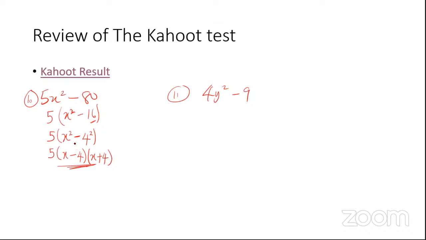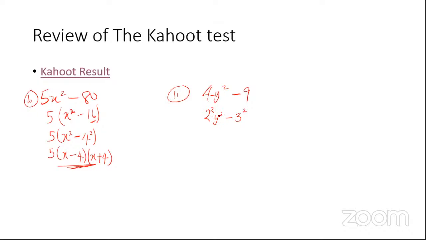So you can do more examples from the table. For number 11, we have 4y squared minus 9. Nothing is common, but we realize that all those numbers we have here are squares. 4 can be written as 2 squared, y squared, minus 3 squared, which is 9.